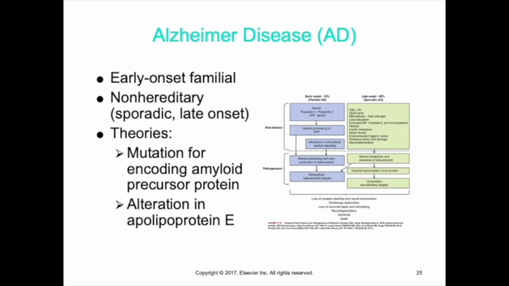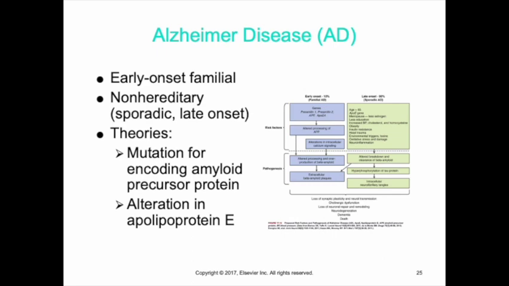The exact cause of Alzheimer's disease, or AD, is unknown. Although we have a little bit of understanding regarding early onset Alzheimer's, and this is autosomal dominant, and it's been linked to 3 genes with mutations on chromosome 21.